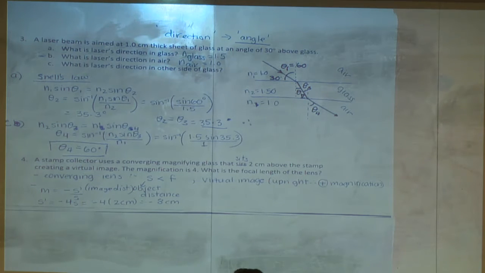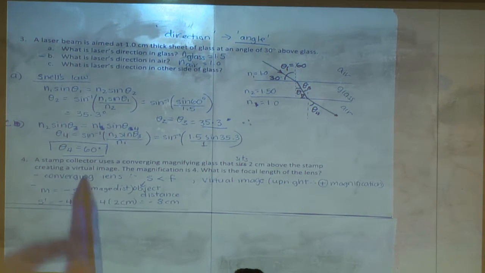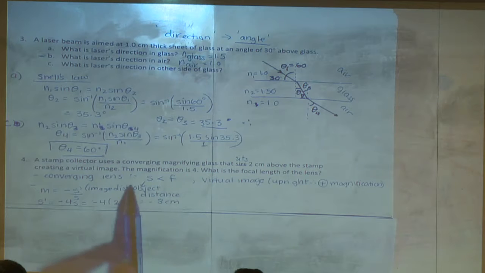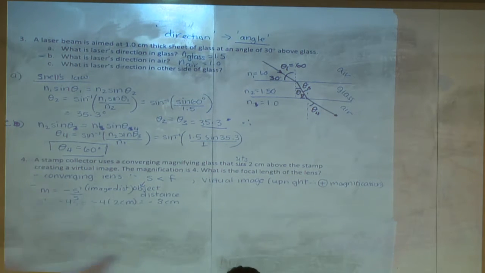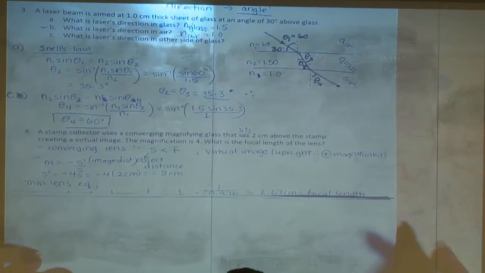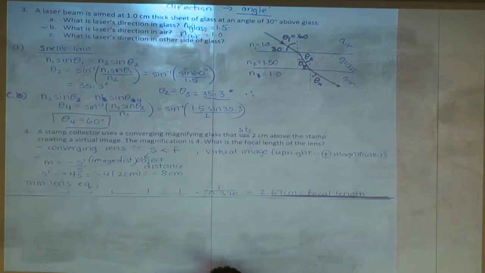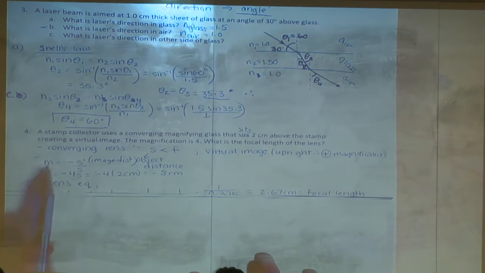Okay, so for a converging lens, our object distance is going to be less than the focal length. That's what we know, and I think it's in the textbook too. So the magnification is going to be image distance over object distance. Therefore, if we solve for the image distance, it's going to be negative 4 times S because our magnification is 4.